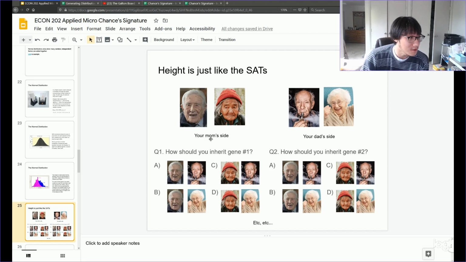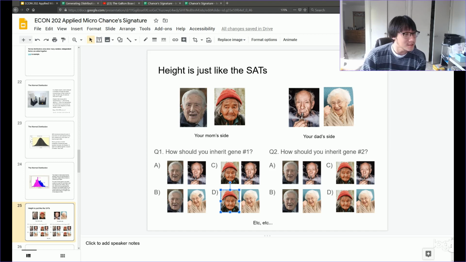You could have inherited both copies of the gene from your paternal and your maternal male grandparents. That is to say, you could have gotten the gene from your mom's mom and your dad's mom, or from your mom's dad and your dad's dad, or from your mom's mom and your dad's dad, or from your mom's dad and your dad's mom. Hopefully that makes sense. There's four different types of combinations of your four grandparents.